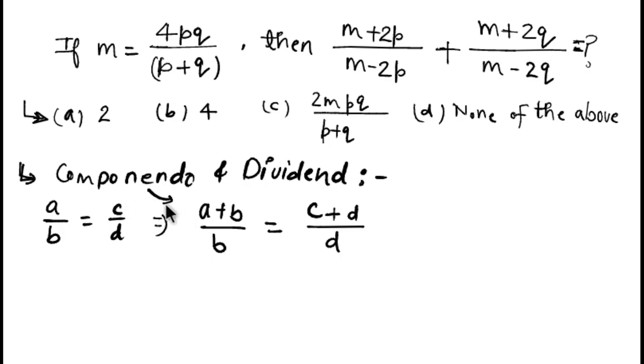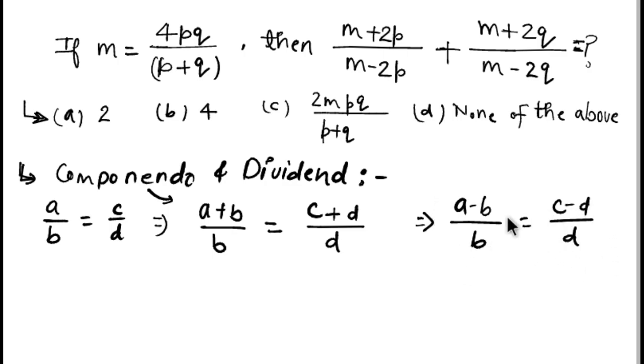And dividendo is when I subtract the denominator from the numerator: a minus b over b, equal to c minus d over d.